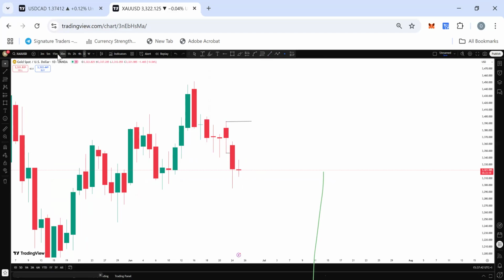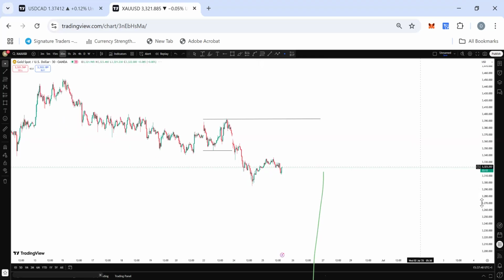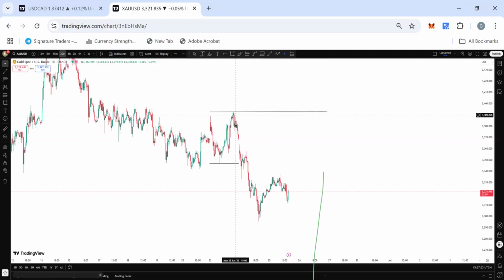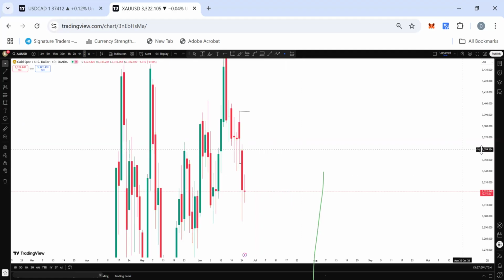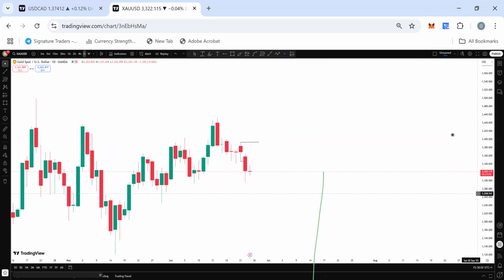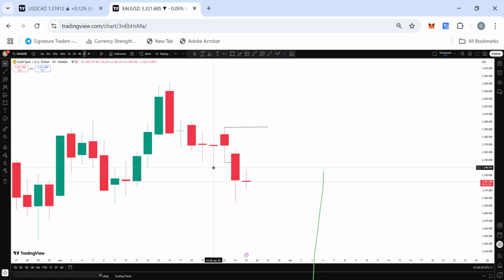Let me go down to the 30 minutes time frame and check something. On Monday, on gold, the market did more selling. Now let's check what happened on Friday. On Friday, the market was selling, selling, selling, and closed with a pin bar, which means a reversal pattern.